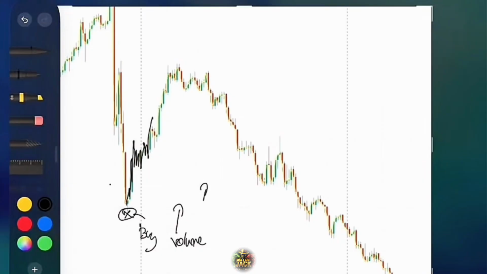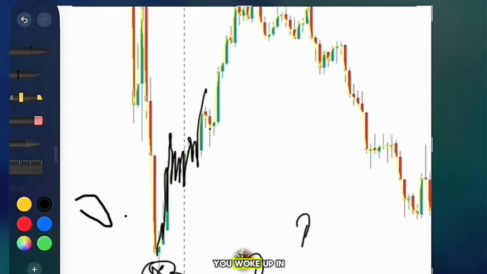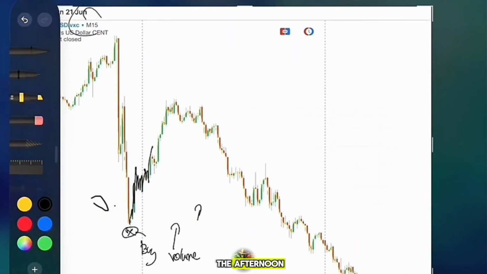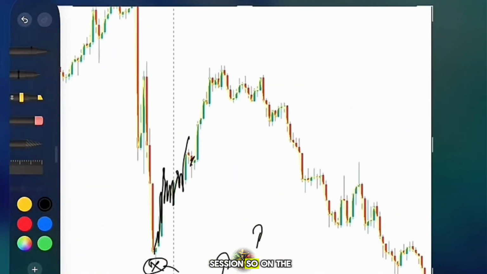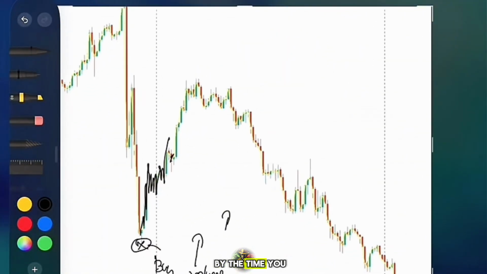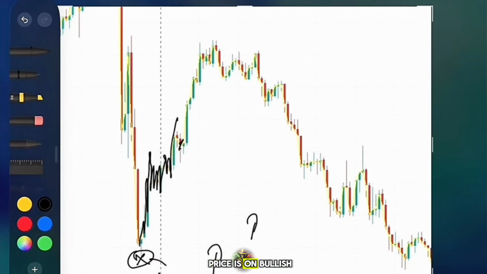So by any chance you woke up in the morning or in the afternoon, whatever timing you're at, this is the Asian session. On the Asian session, as you can see, price is bullish. So what do you need to look for? You need to look for a bullish move. And then what happened? Price came down, went up.